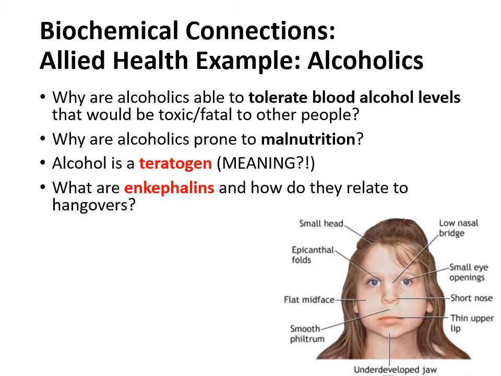And when you look at how this enzyme actually works, the first reaction it involves happens very quickly in alcoholics. So an alcoholic is very quickly able to break down the intoxicating effect of alcohol by breaking down that alcohol quicker. And so they can tolerate a higher blood alcohol level.